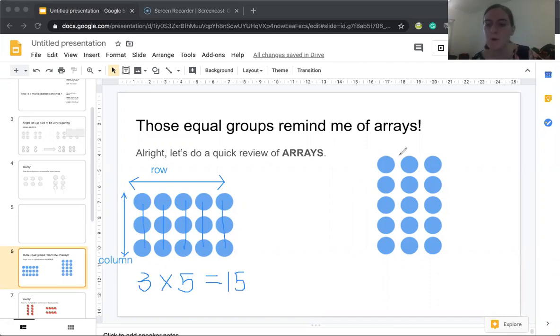Now over here, I'm going to look at this again, and I'm going to see how many rows I have. So remember, rows go across. So I have 1, 2, 3, 4, 5. So I'm going to write 5 for my rows. My multiplication symbol is my X here. Now I'm going to take a look again at my columns. So remember, columns go up and down. 1, 2, 3.